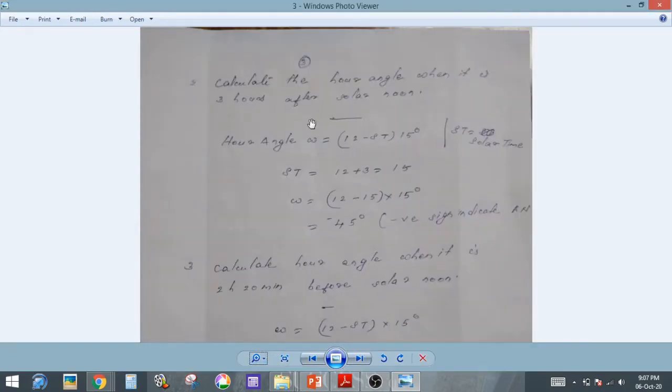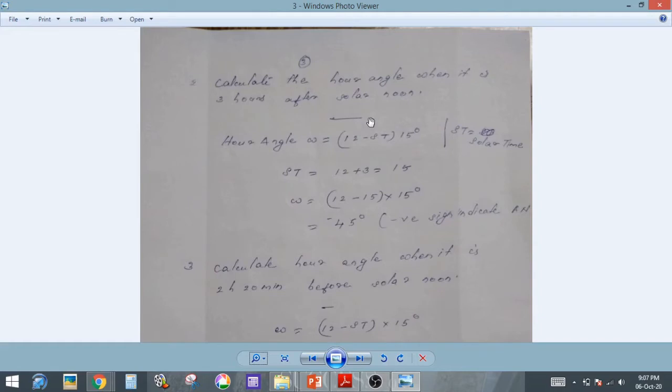Now the second problem. Calculate the hour angle when it is 3 hours after solar noon. Here omega is the hour angle. At solar noon, omega equal to 0.